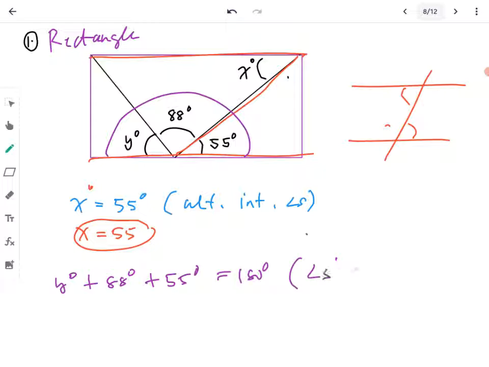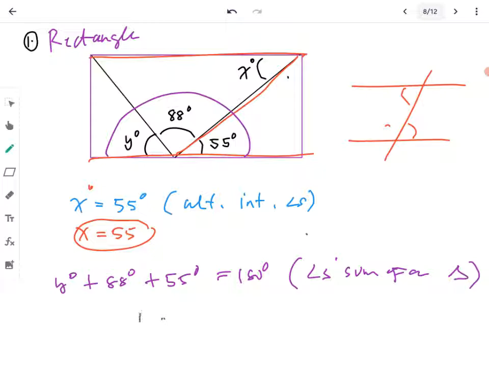Okay, so when we add 55 and 88, this is 143.